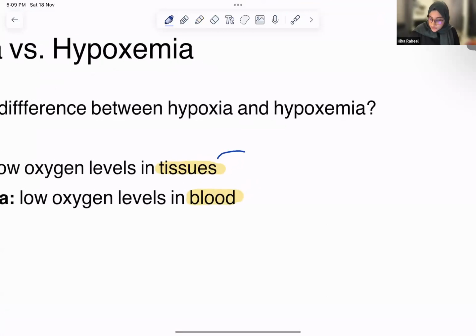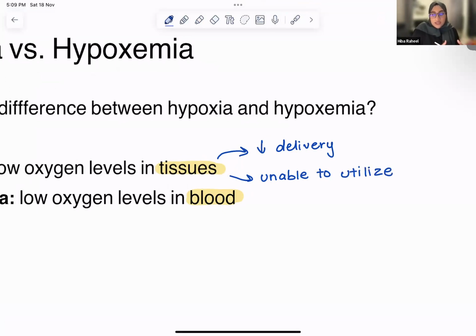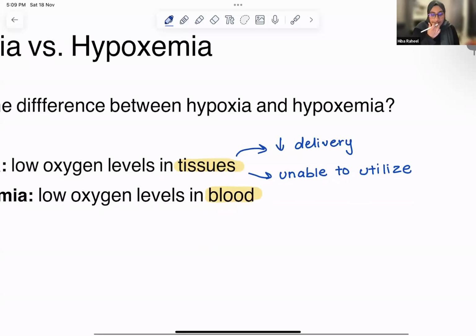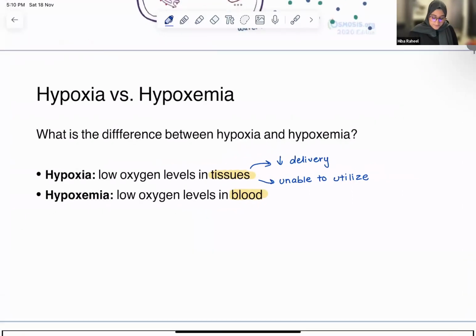Either there is reduced delivery of oxygen, or the tissues are unable to utilize it. Hypoxemia is when there is just low oxygen in the blood. That's it.